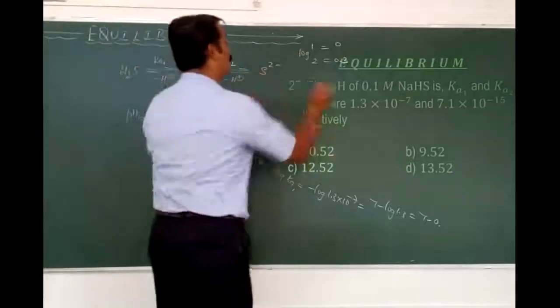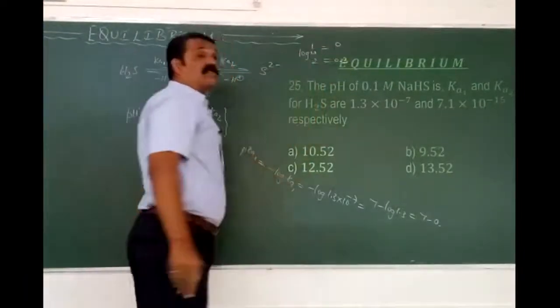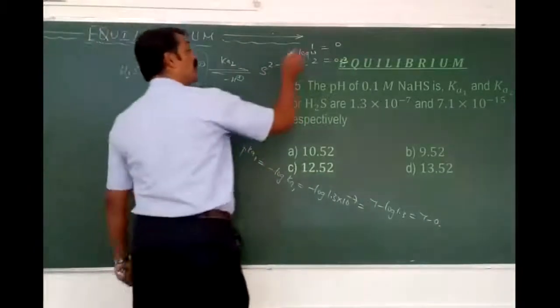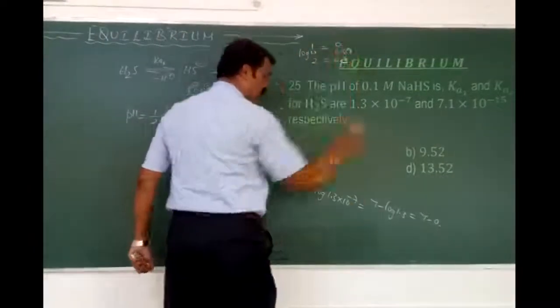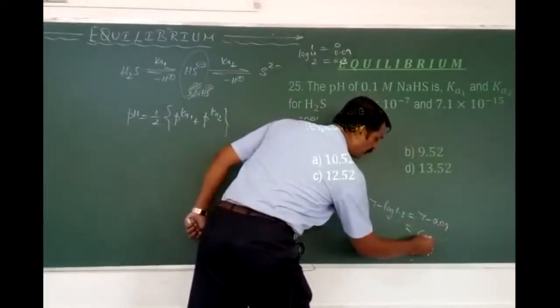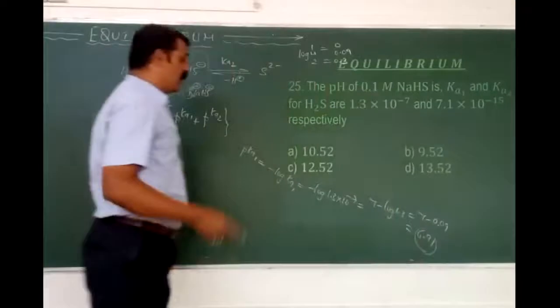As I mentioned previously, for every 0.1 decimal place it is about 0.03. So 0.03 times 3 is 0.09, which gives 6.91. This is pKa1.